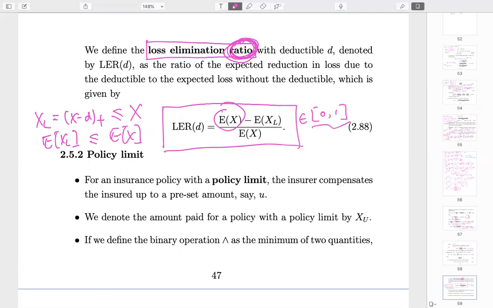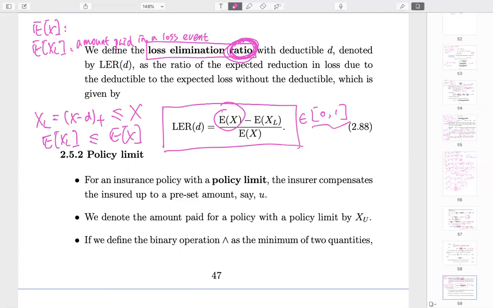It's called loss elimination. Why is it called loss elimination? Let's take a look at the numerator. This is the expectation of the original loss, or ground up loss. So this is the amount paid. Of course, it's an expectation of the amount paid in a loss event.